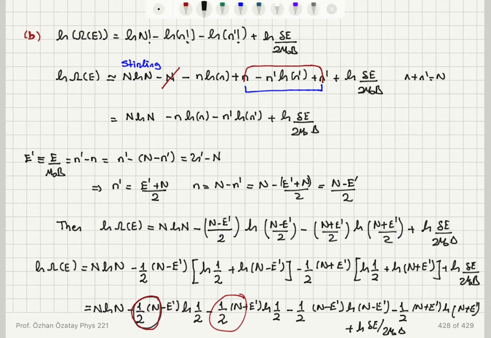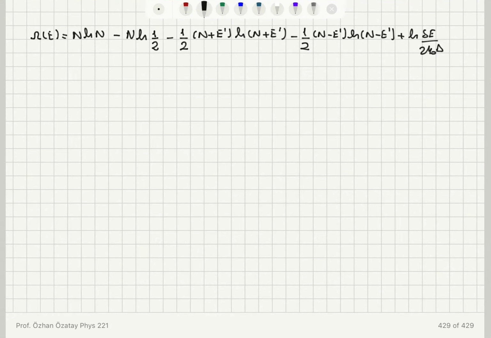So in this expression we had this term, and then we had this term 1 over 2 e prime, so there is a minus and there is a plus here, so they cancel. Okay.